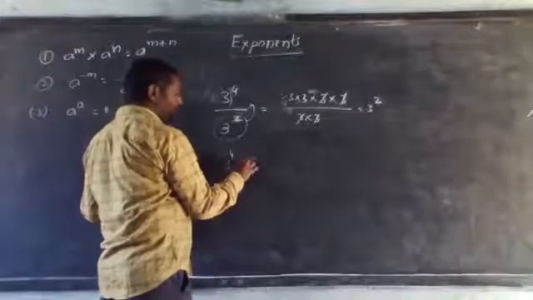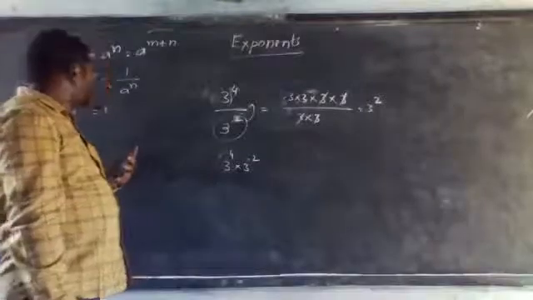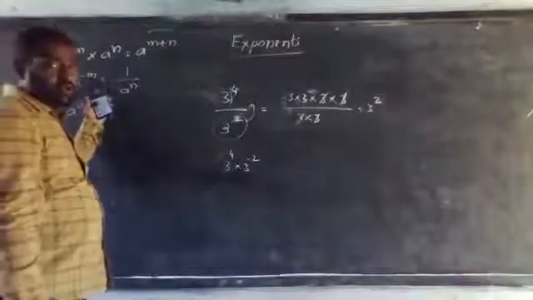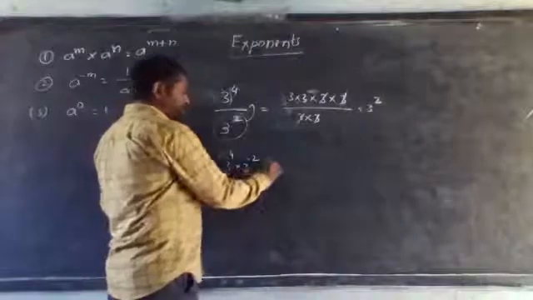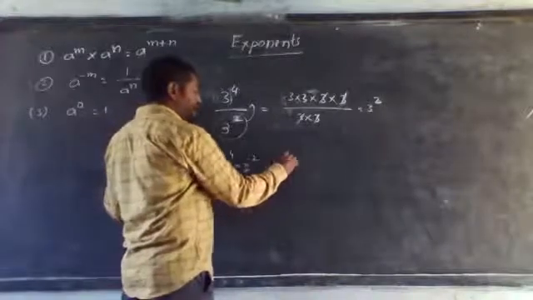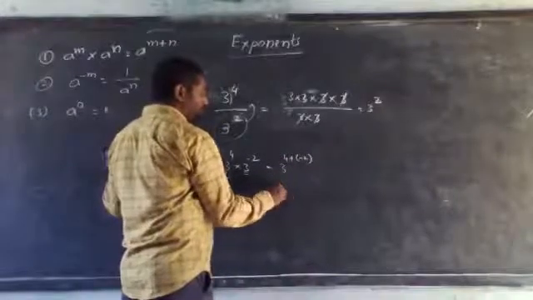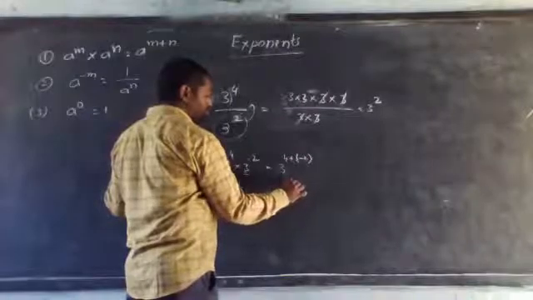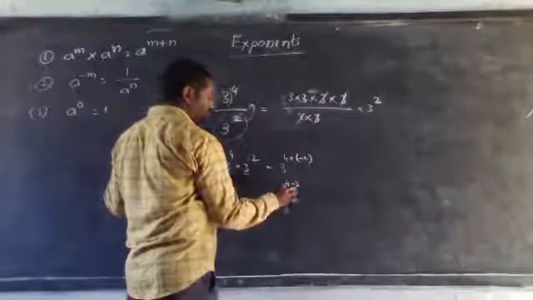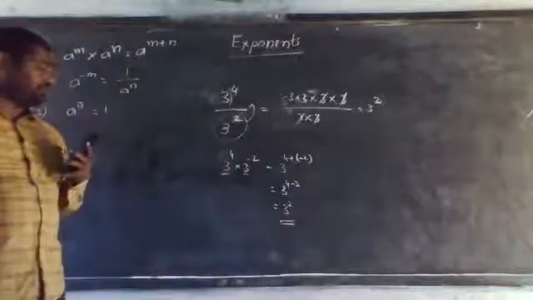What happened? 3 to the power of minus 2. According to the second rule, and here bases are equal. According to the first rule, we are adding the powers. So 3 to the power of 4 plus minus 2, so 3 to the power of 4 minus 2, 2 we are getting, 3 to the power of 2.